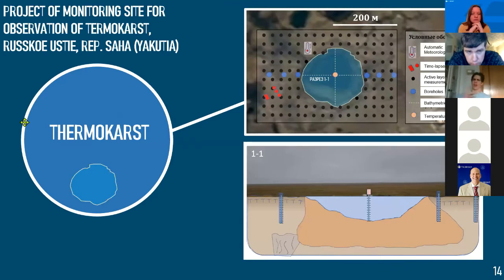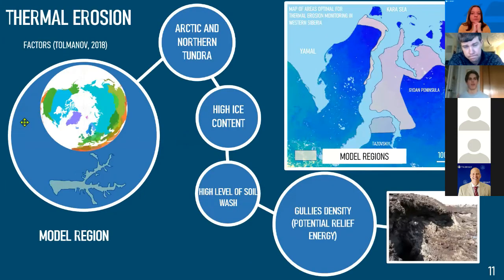We created a count site and combined it with the thermal profile and with some bathymetric works. I think the complex approach will be better for each cryogenic process, and of course for thermokarst.